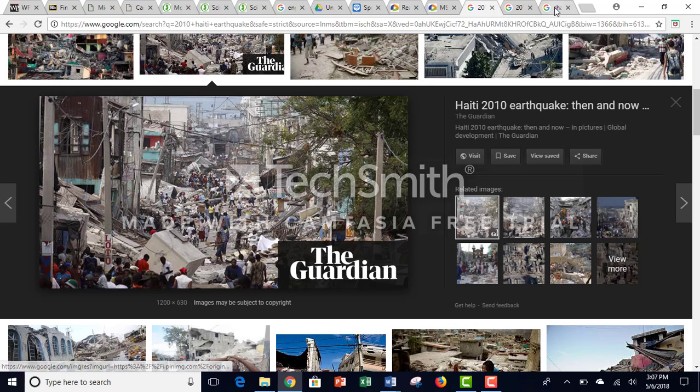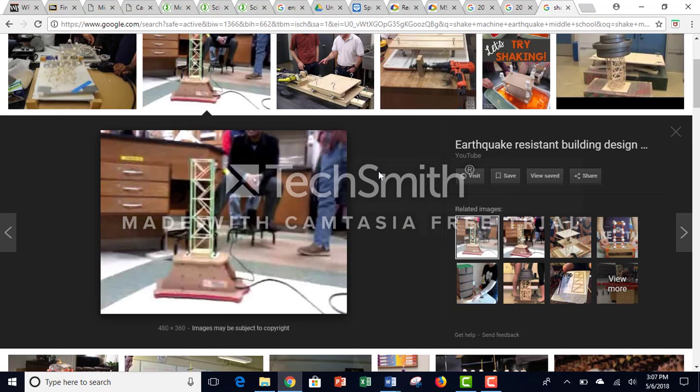They're going to be given most of class to do this. At the end of class, they're going to be taping their building onto a shake machine. I have this exact machine in my classroom. It can shake very violently, and students love it.